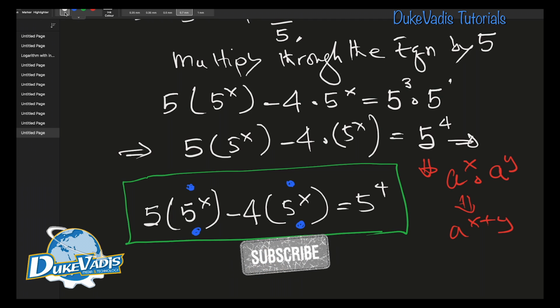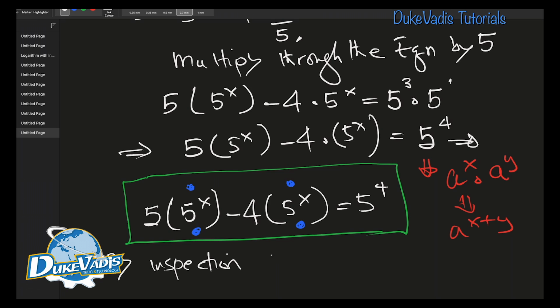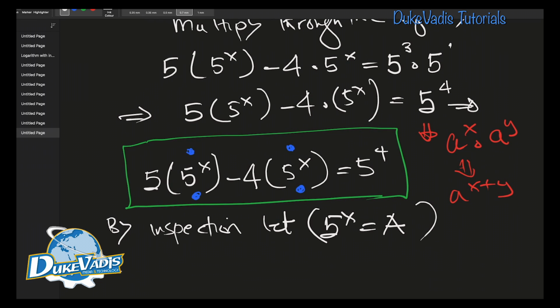By inspection, let 5 raised to the power x equal capital A. We are just substituting 5 raised to the power x to be equal to A. Then our equation finally will be 5 times A minus 4 times A equals 5 raised to the power 4.